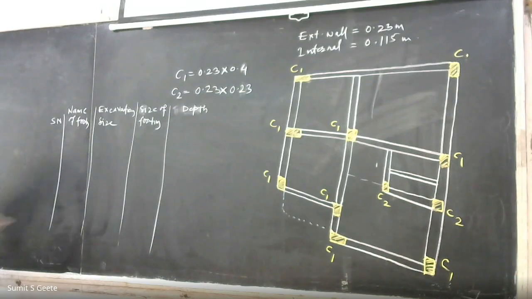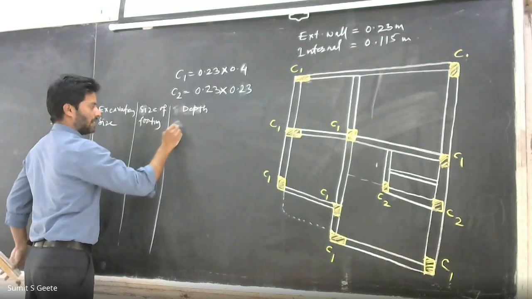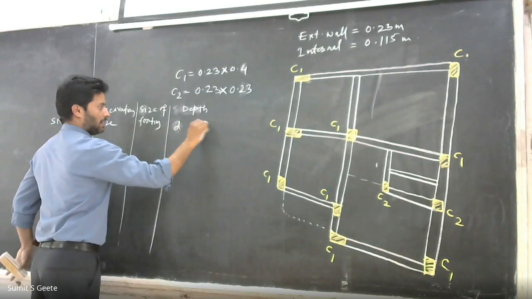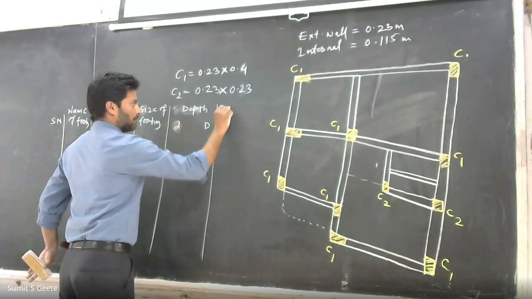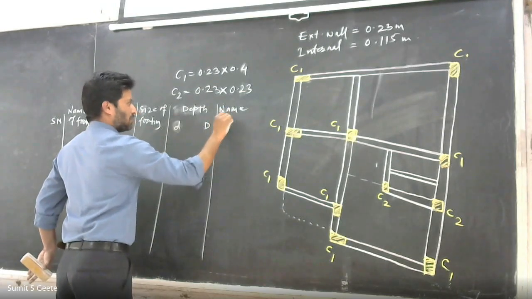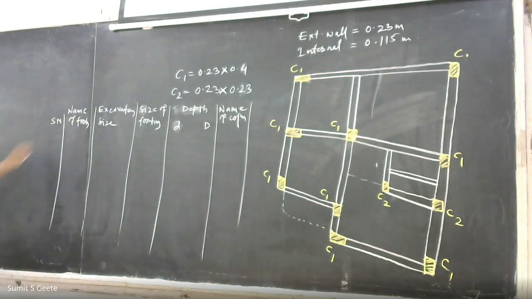In this depth, two parameters are there, capital D and small d. So I'm writing small d and then capital D. And name of column.